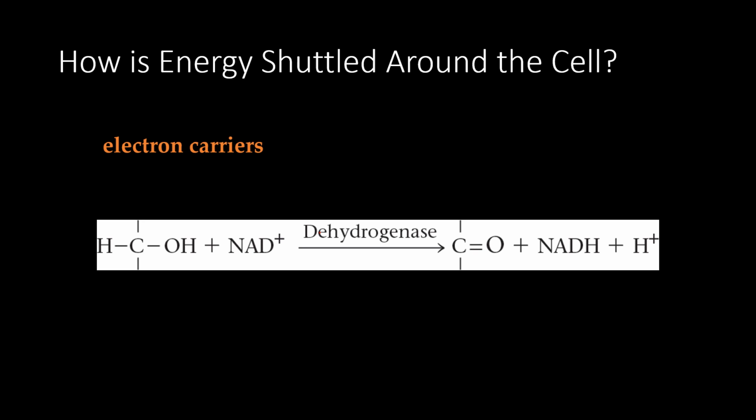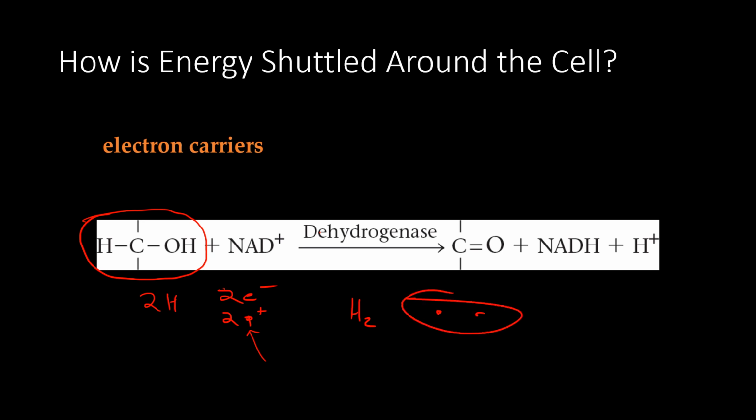So we're going to take 2 hydrogens from the substrate. This could be glucose, whatever. We're going to steal 2 hydrogens from it in total. Really, what we're doing is taking 2 electrons and 2 protons. What do you mean by protons? Remember, hydrogen naturally exists as H2: 2 protons surrounded by 2 electrons whizzing around.